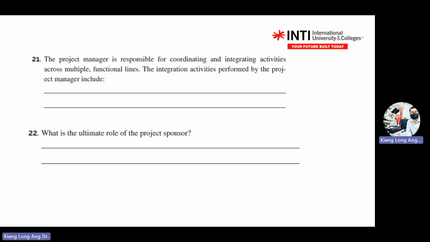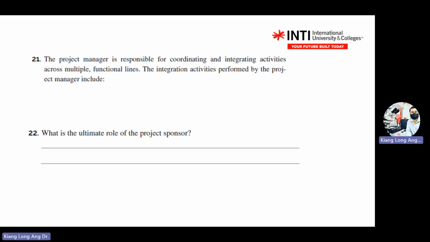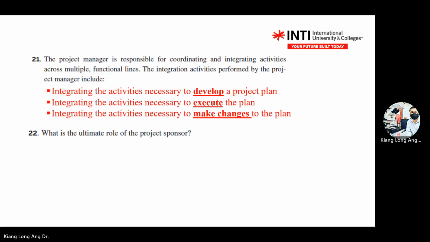Again, I think this one is not in our slides, but it's good to learn. Straight away I give you the answer. You integrate activity necessary to develop project plan, execute, make changes. The keyword. There are three main objectives here: to develop project plan, to execute project plan, to make changes to the project plan.